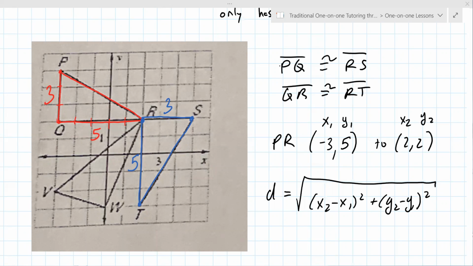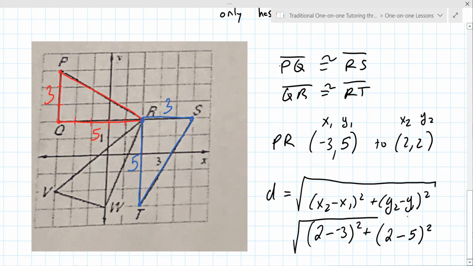So what is the value of x2? 2. 2 minus, and what's the value of x1? -3, squared. y2 is 2, y1 is 5, squared, square rooted.